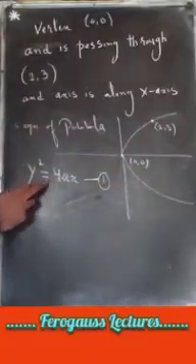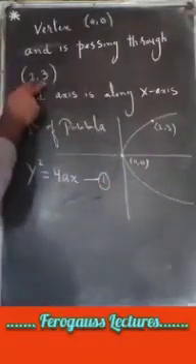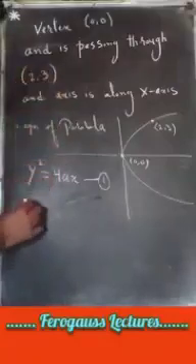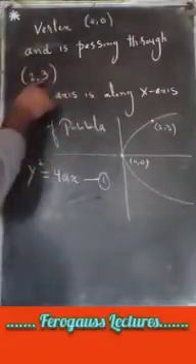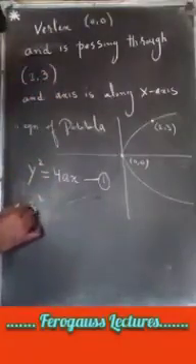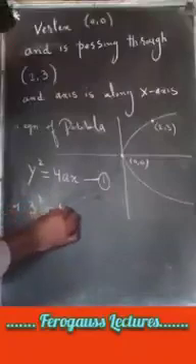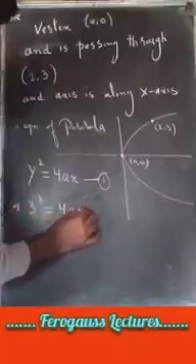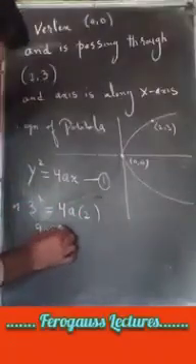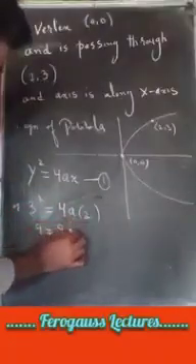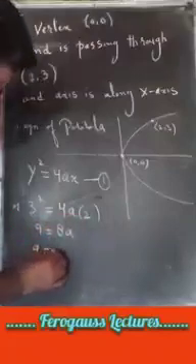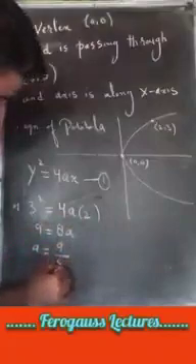Since it passes through the point (2, 3), this point must satisfy its equation. Thus we can write, instead of y we put 3, which is 3 square equal to 4a, x is equal to 2, or we can write 9 is equal to 8a, that is 4 into 2 into a, or a is equal to 9 by 8.